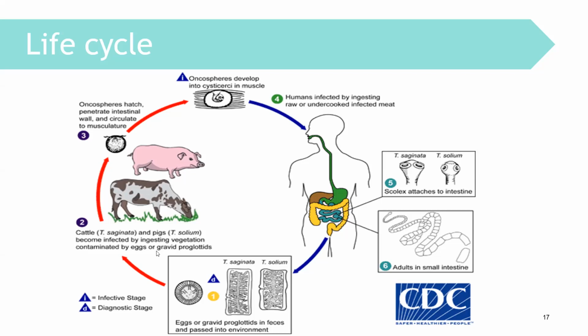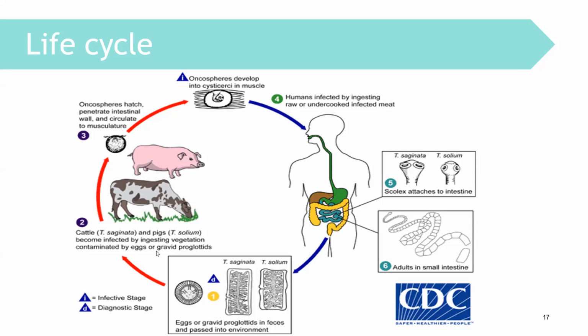And the intermediate host of solium is the pig or the swine. The infection initiates when a person ingests contaminated pork or contaminated beef with the cysticercus larvae. Ingestion of contaminated pork or contaminated beef.